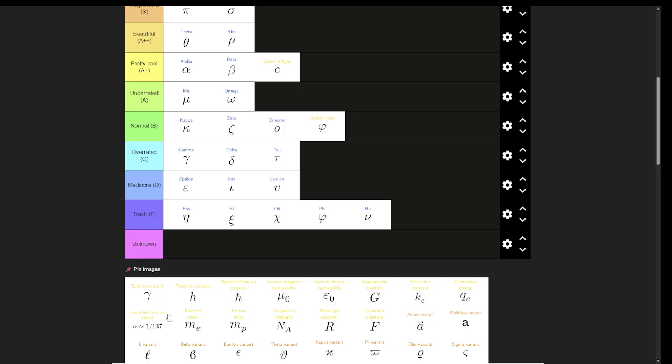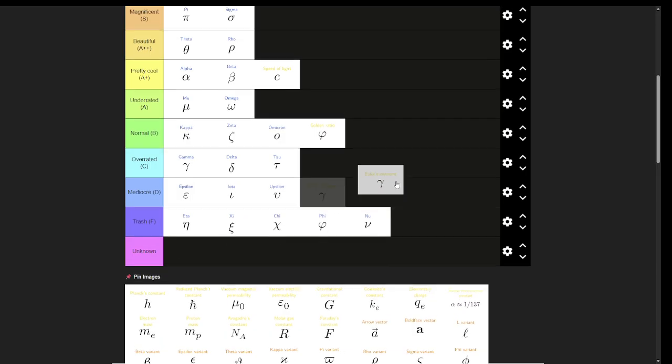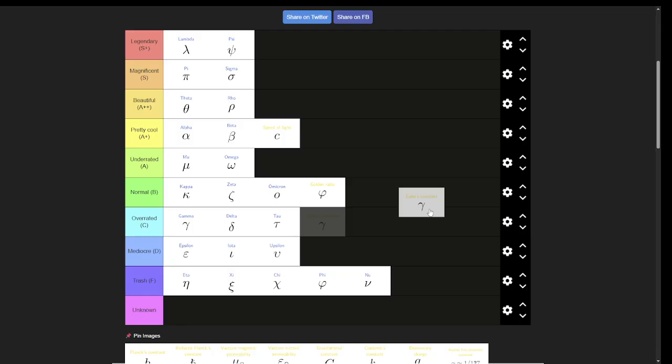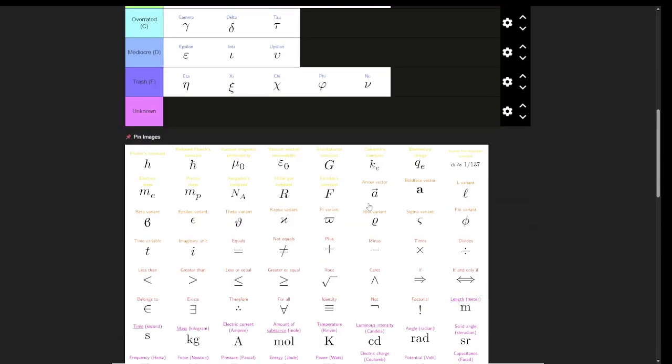When you take the harmonic series, which is just 1 plus 1/2 plus 1/3 plus 1/4 recurring all the way over, and the natural logarithm. The constant is defined as the limit as n approaches infinity of the harmonic series minus the natural logarithm of n. So this is Euler's constant. And I mean, it's all right. It's not too good. I don't really like it. We're going to put it right here in normal.